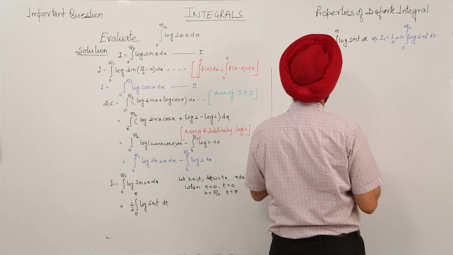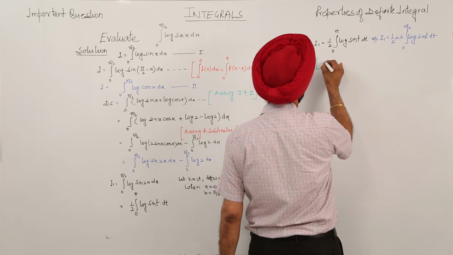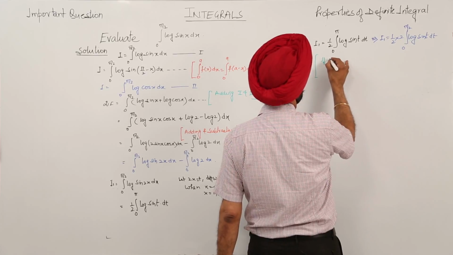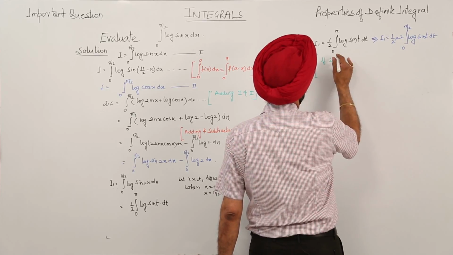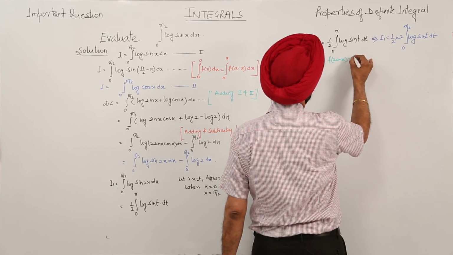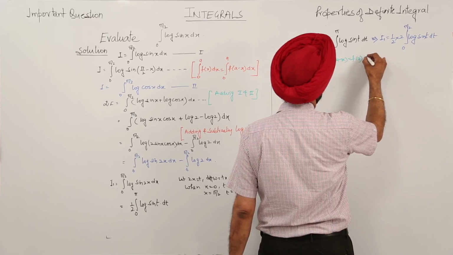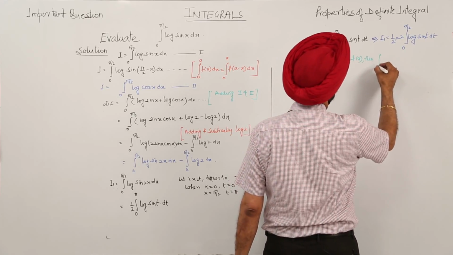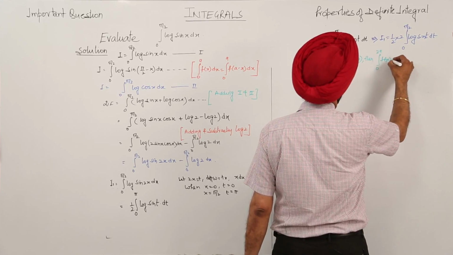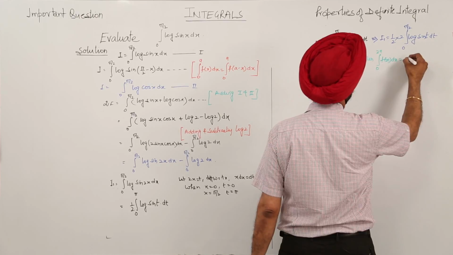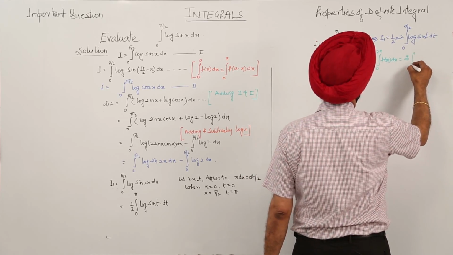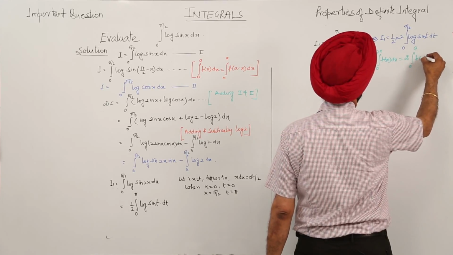We had a property: if f(2a minus x) is equal to f(x), then 0 to 2a f(x) dx is equal to 2 times 0 to a f(x) dx.